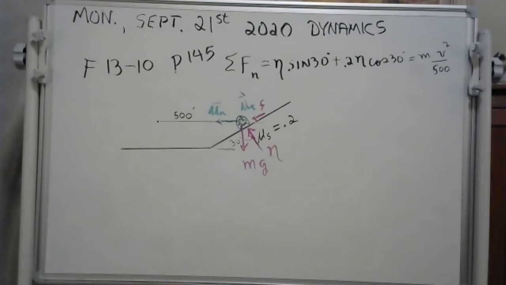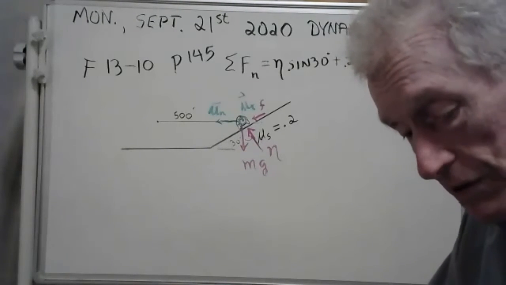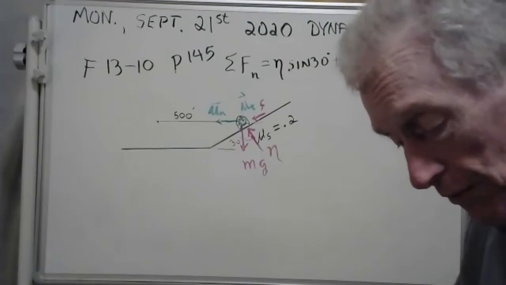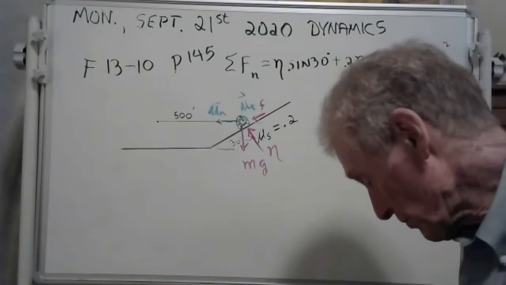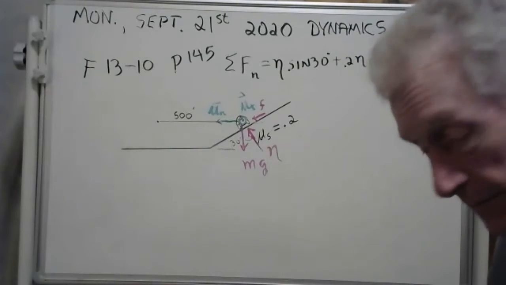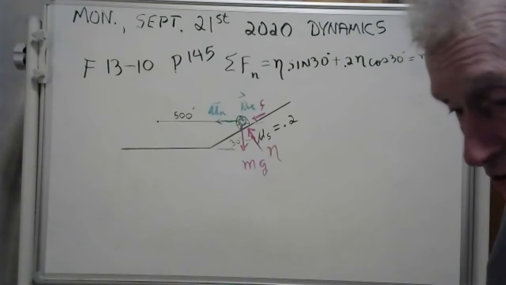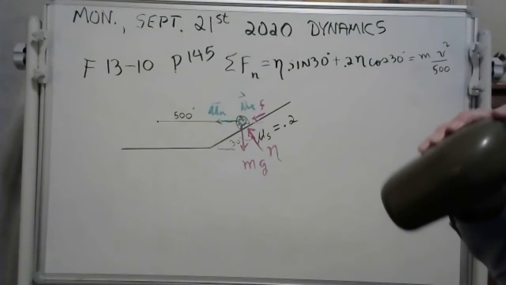Let's see, we have the normal, we have the mass, and we have the velocity. So far we have one equation and 3 unknowns. We're kind of up a creek, aren't we? We can't do one equation with 3 unknowns. We could do 3 equations with 3 unknowns, but not one equation with 3 unknowns.